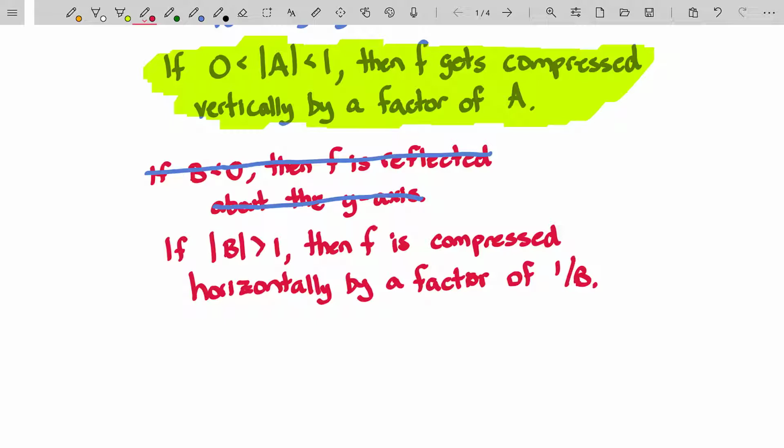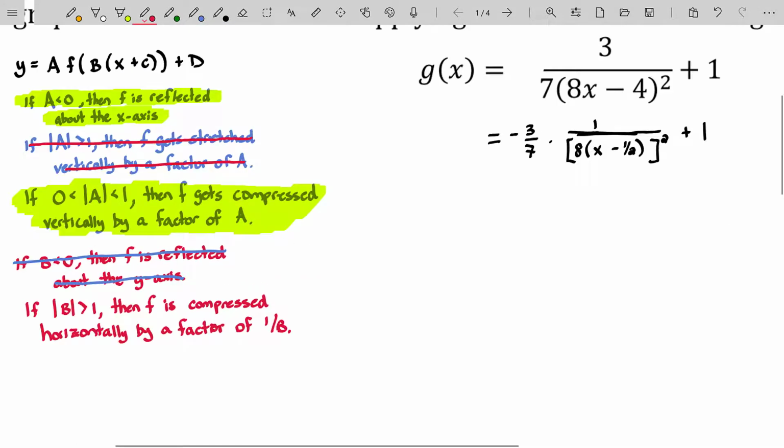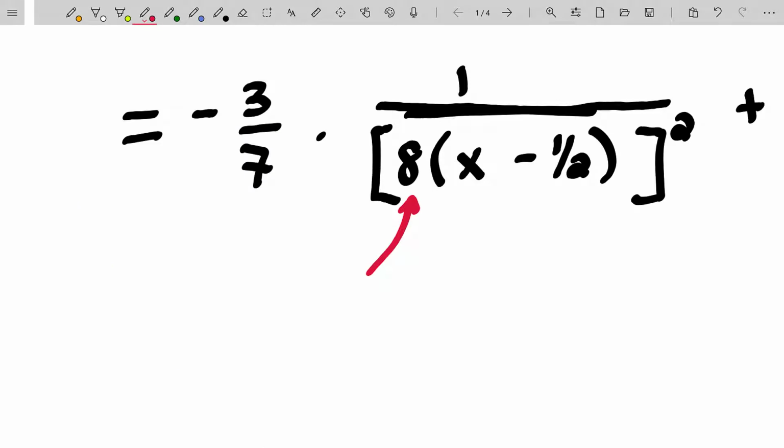So the larger that b is, the more compressed horizontally that our function gets. And it gets compressed by a factor of 1 over that b. Well, looking at our function here, that value of b is definitely greater than 1. So I know that this graph is going to be compressed towards the y-axis by a factor of 1/8.